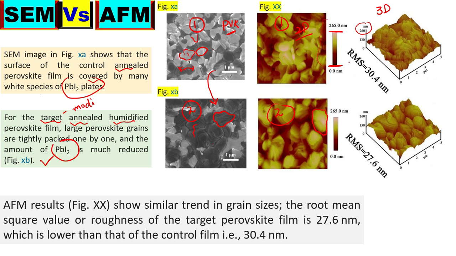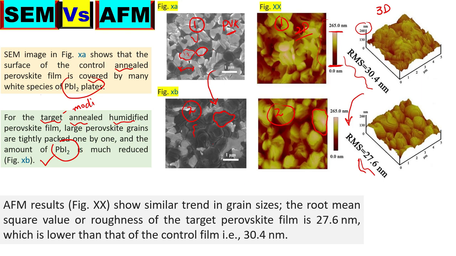The root mean square value for this pure film is basically 30.4 nanometer, and it is reduced here to 27.6 nanometer. As I mentioned, a lower root mean square value means that the surface is smooth. How? Because this root mean square basically shows the variation in altitudes of these grains.